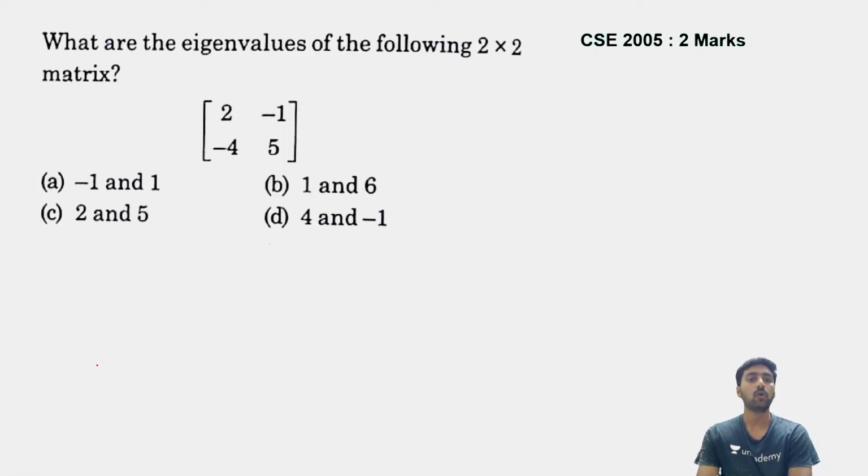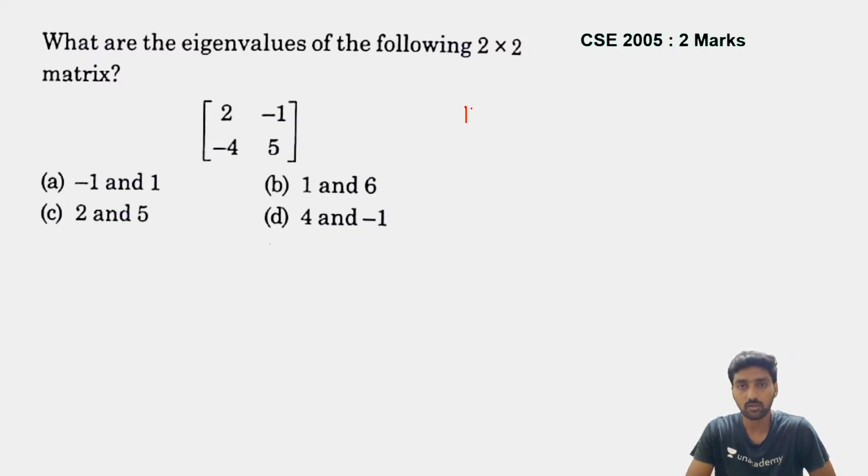Next, what are the eigenvalues of the following 2 cross 2 matrix? Identify the eigenvalues of the 2 cross 2 matrix here. What will be the value? Guys, are you there? Yes, 2 properties we can use.